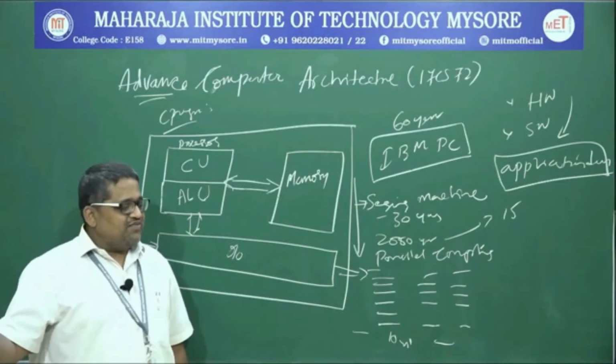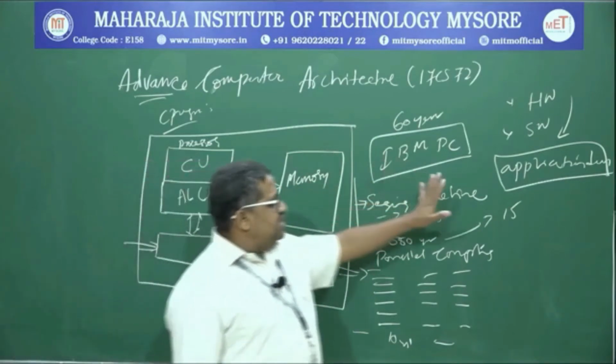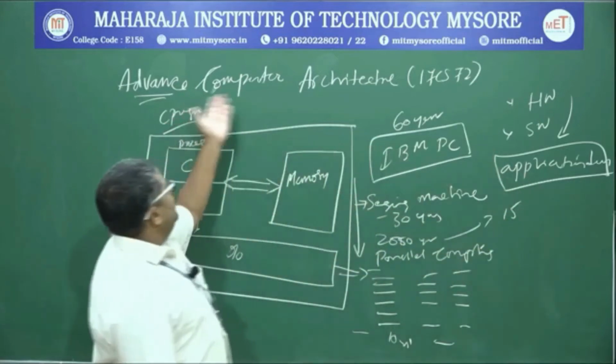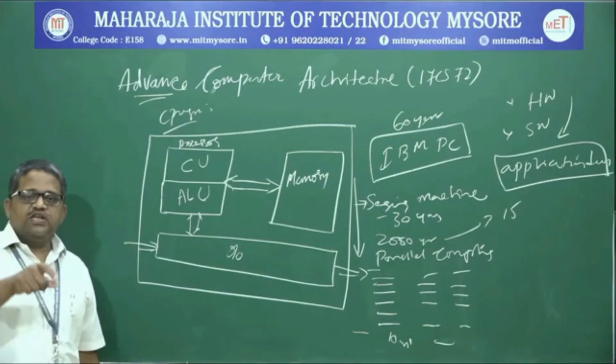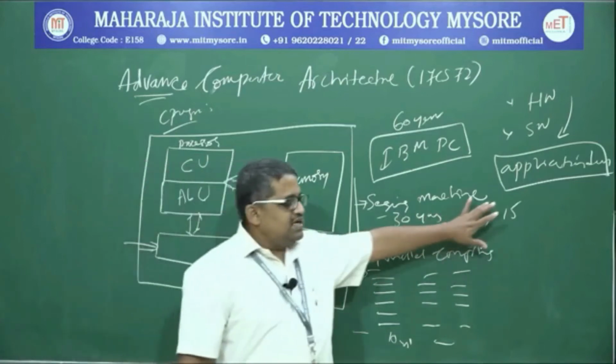When I say the word graphics, what is it that we are looking at? Somewhere somebody is working in a shadow. That somebody is again a computer that is working there. The specific requirement is with respect to image, with respect to data analysis, right.